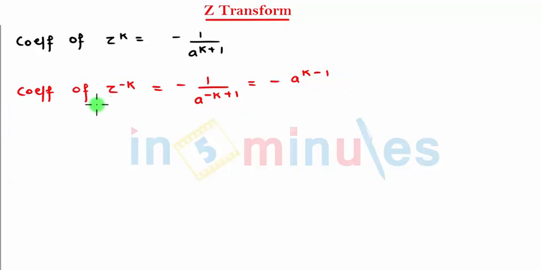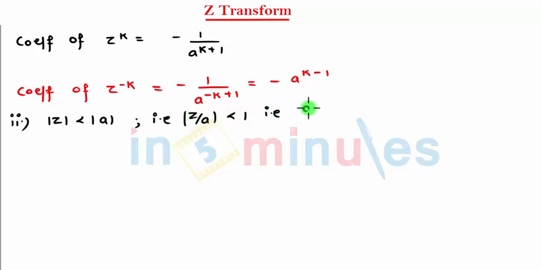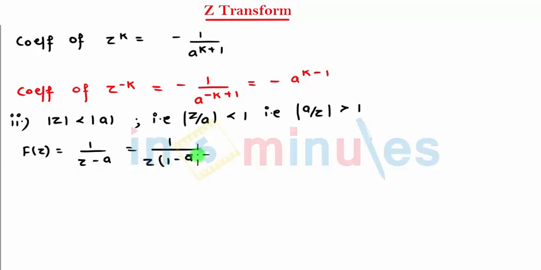Now the second case is mod of z greater than mod a. So I can write z by a is greater than 1, and also a by z is less than 1. So from here I will be taking the opposite, that is z will be common. f of z is 1 upon z minus a, so it's easy, just take z common. I write 1 minus a by z, which you can write as 1 by z, 1 minus a by z raised to minus 1.